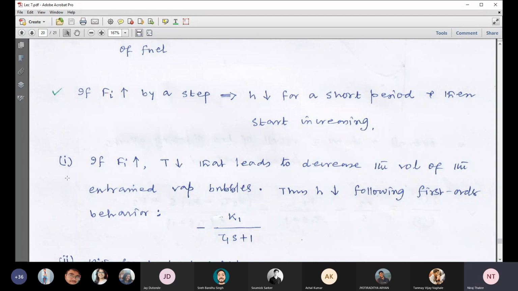If Fi increases, temperature decreases. And decreasing temperature leads to a decrease in the volume of the entrained vapor bubbles. So naturally, the differential pressure cell, which is measuring the liquid height, gives a lower value for H.